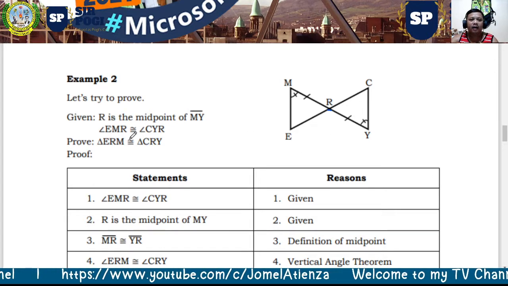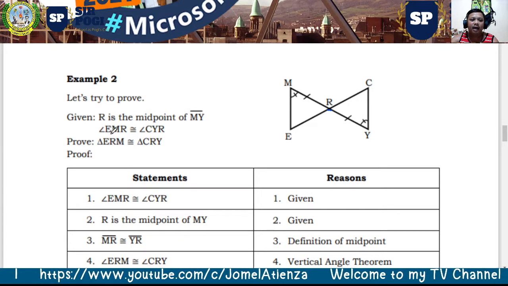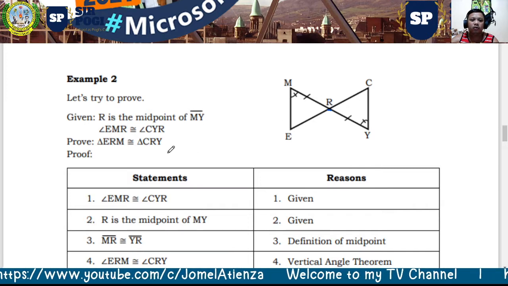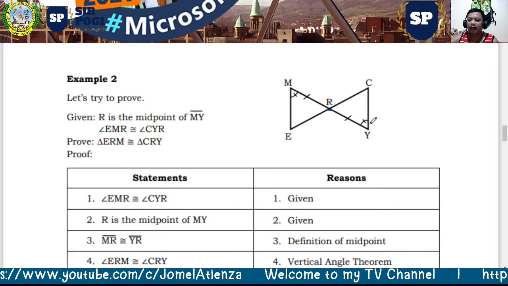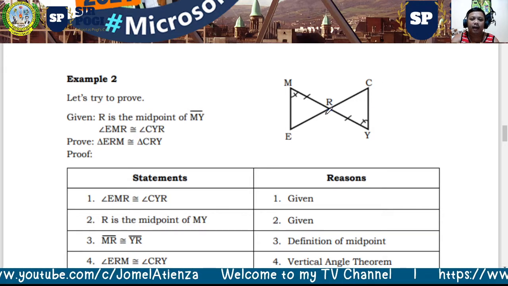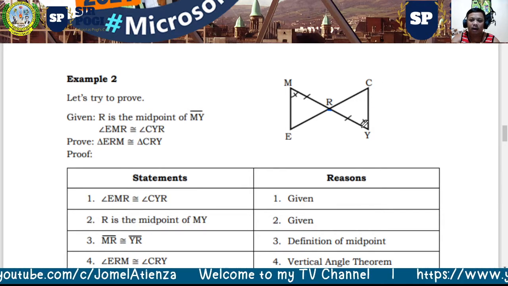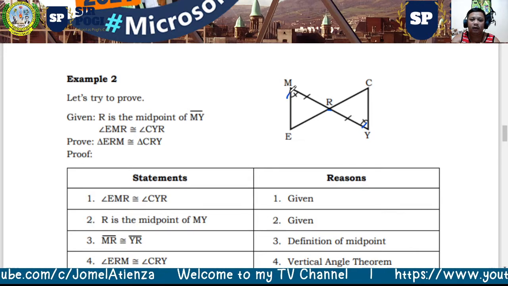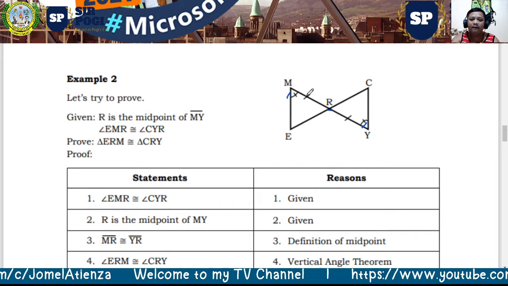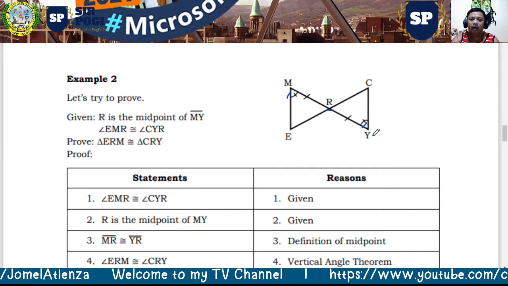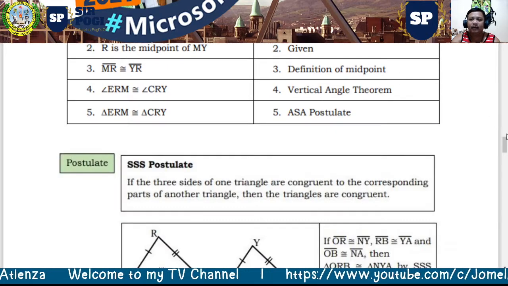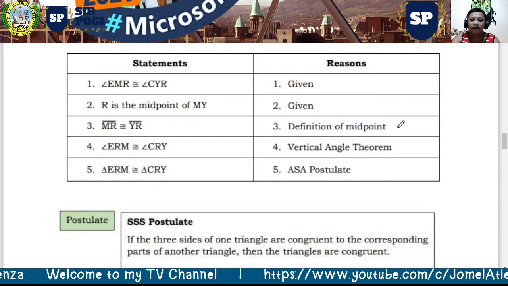Another given is angle EMR is congruent to angle SYR, so they are equal. Since R is the midpoint, MR should be equal to YR, and that is by the definition of midpoint.